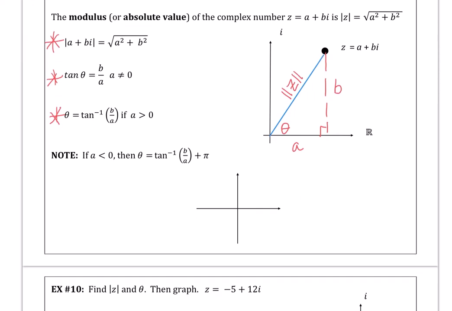And notice if A is negative and theta is the opposite of B over A, you would need to add pi in order to get the quadrant that you're in.